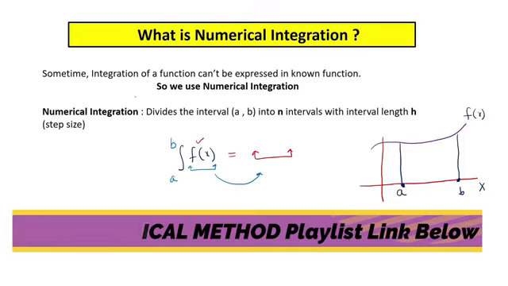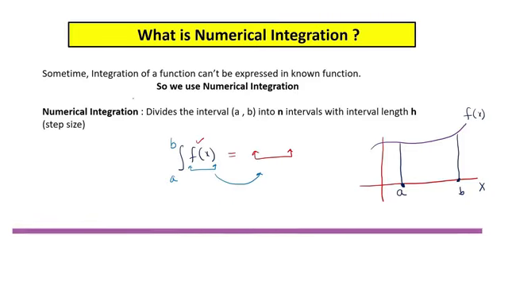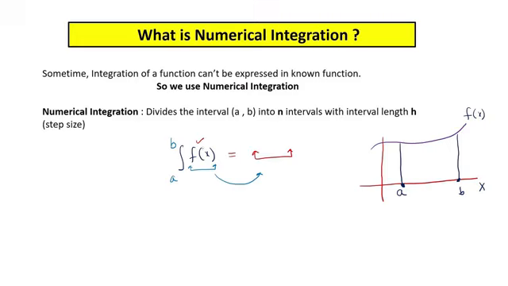Whereas in the integration we studied in plus 2 classes, whenever we integrate f(x), we get a function, and then we find the answer by putting in the limits A and B. But in numerical integration, we get a simple numerical value.